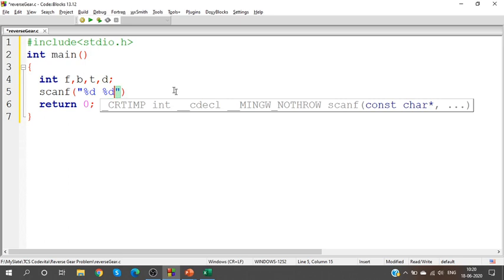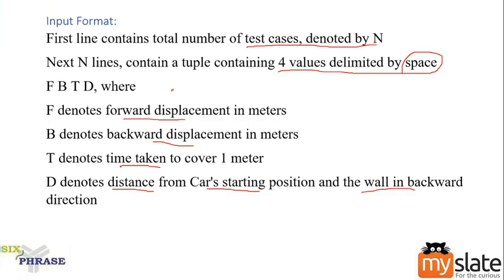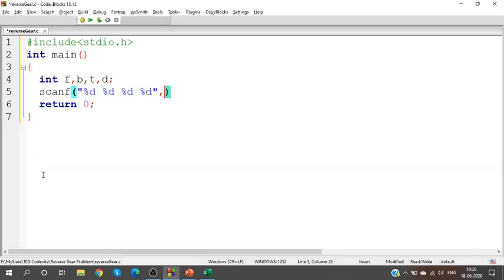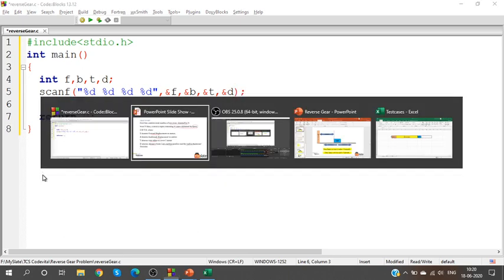So %d space %d space %d. The first data is going to be the F value, B value, T and D. Clear? So whatever is given in the input is obtained.